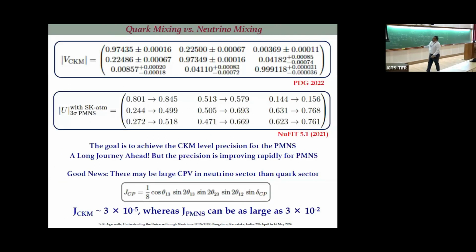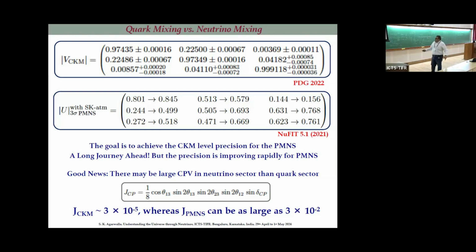Okay, so this has been discussed yesterday. This is the V_CKM, the CKM mixing matrix with 1 sigma error, and this is U_PMNS with 3 sigma error. And we have a hell of a lot of work to do so that we can take this matrix to the precision of CKM. If you stare at these numbers, the error bars are way larger here compared to this. Correct?